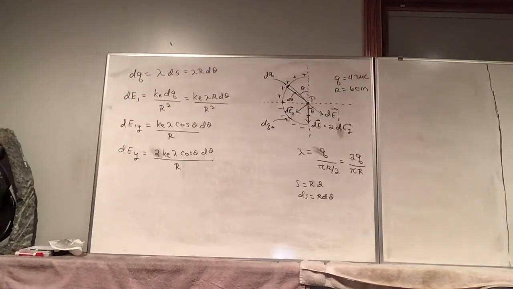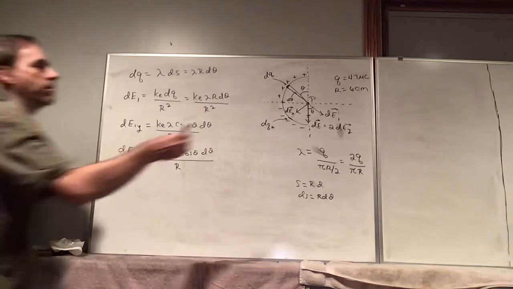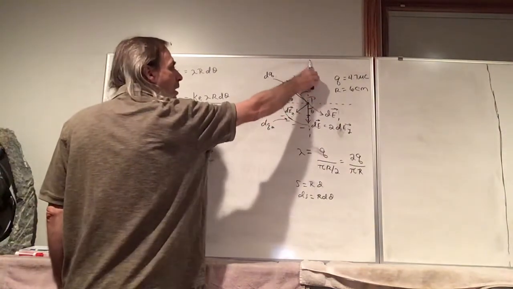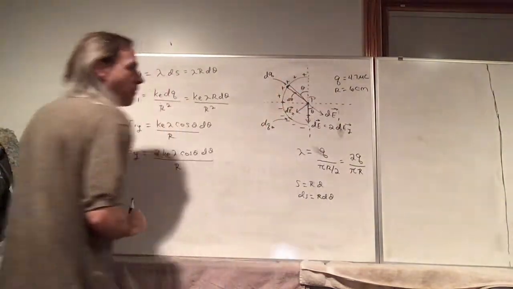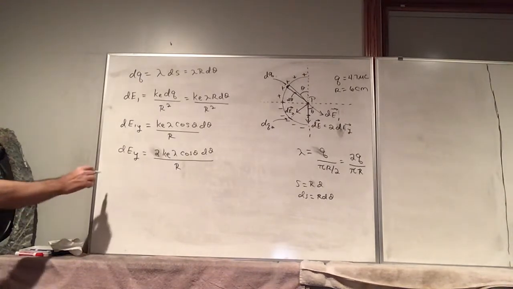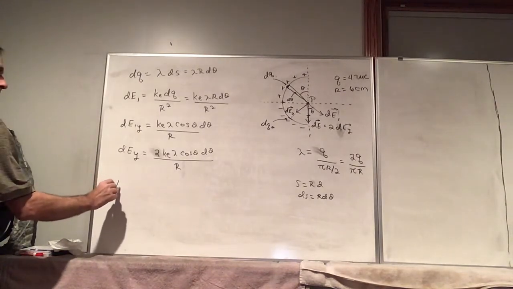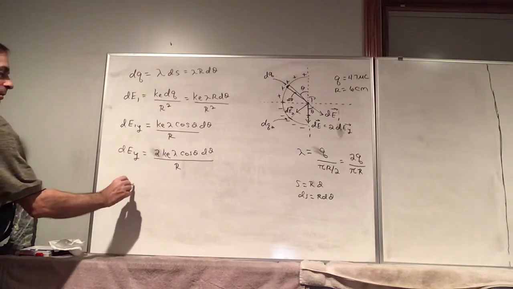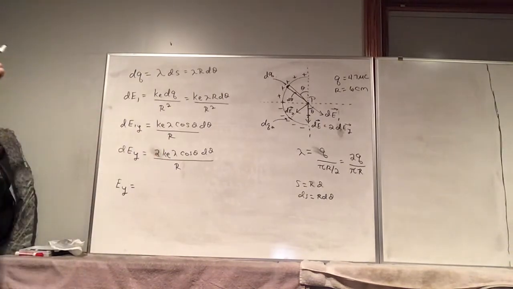And now to get the electric field overall, the y component of the electric field, we integrate over theta. Let's say theta equals 0 is here. Theta equals pi over 2, that'd be 90 degrees. So let's integrate for the y component of the electric field. We take out these constants.